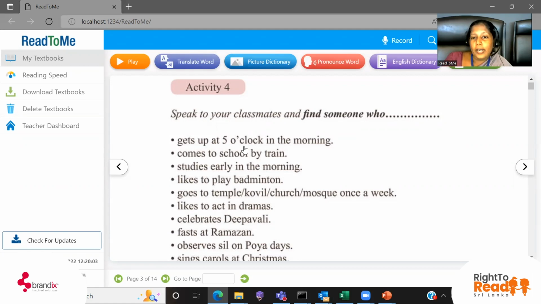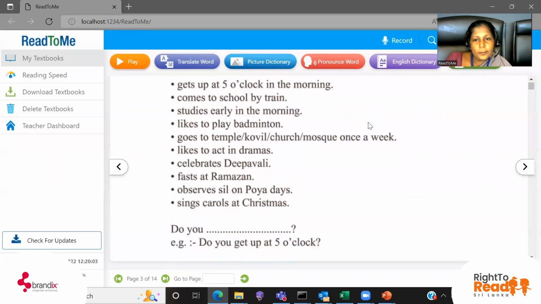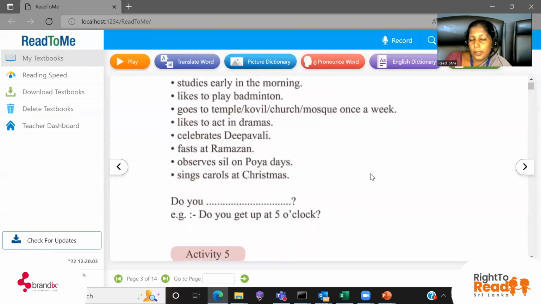Gets up at 5 o'clock in the morning, comes to school by train, studies early in the morning, likes to play badminton, goes to temple, kovil, church, mosque once a week, likes to act in dramas, celebrates Deepavali, fasts at Ramazan, observes Sil on Poya days, sings carols at Christmas.